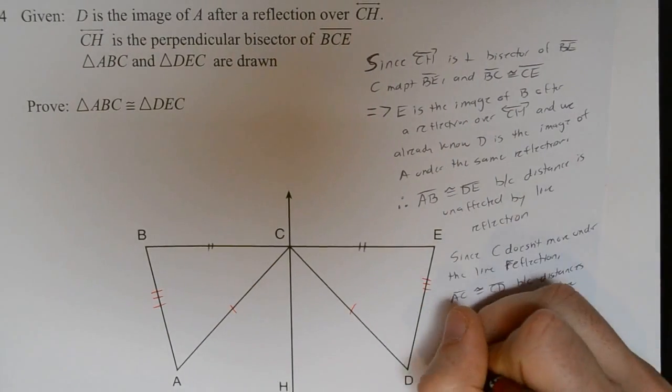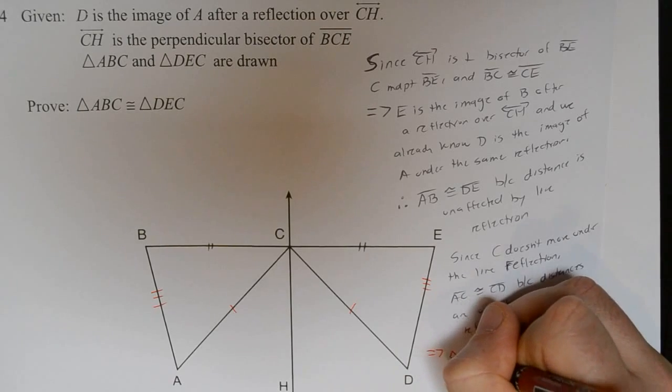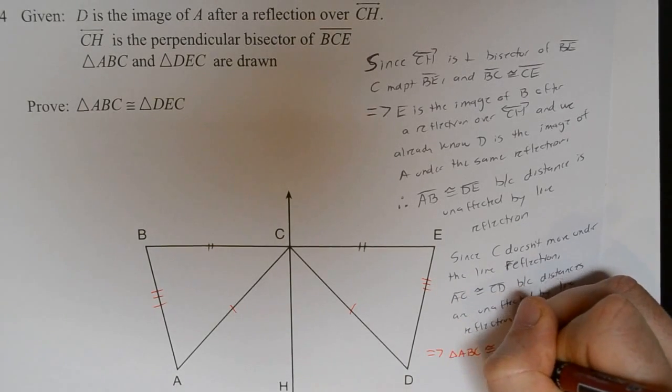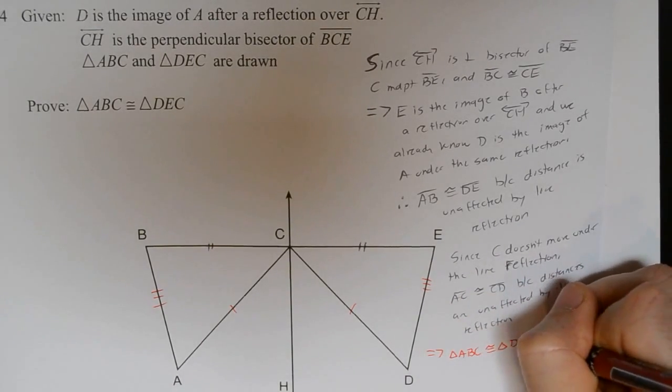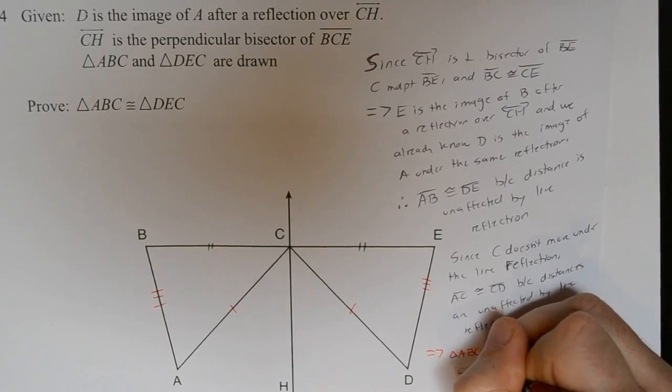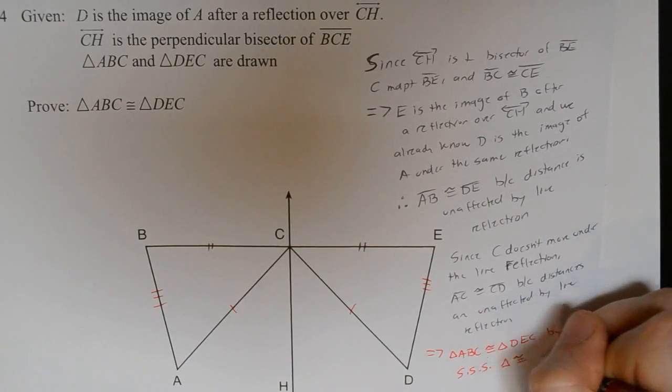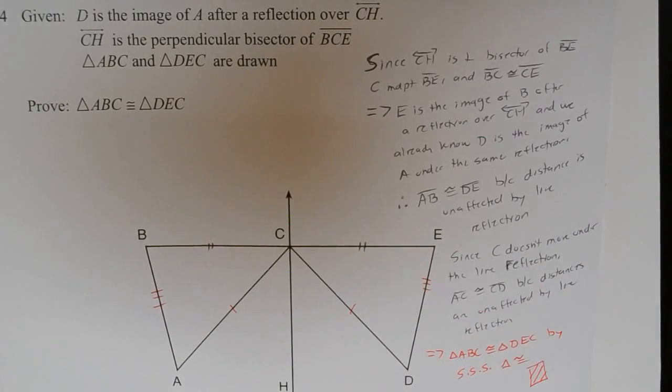So, therefore, triangle ABC is congruent to triangle DEC by side, side, side triangle congruence. Proof box, we are done.